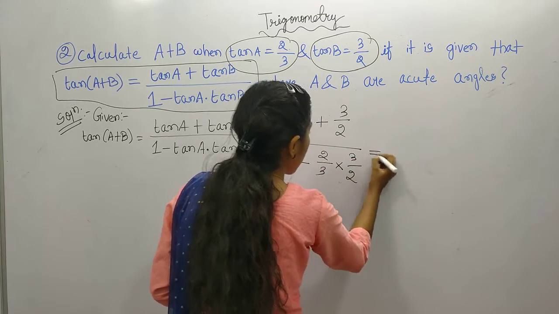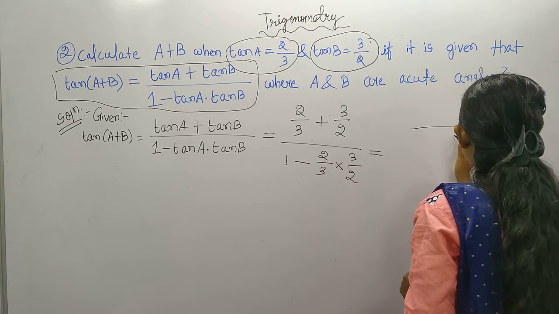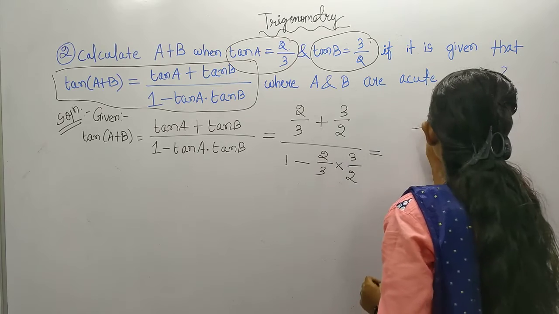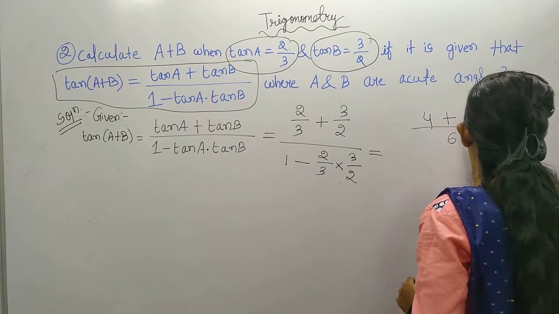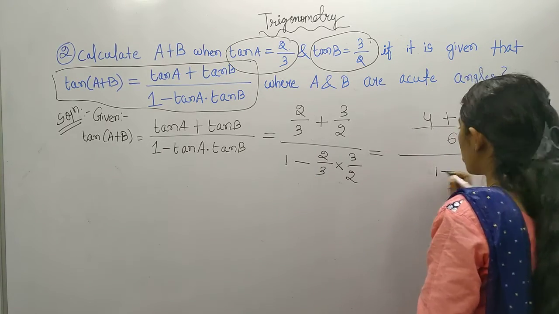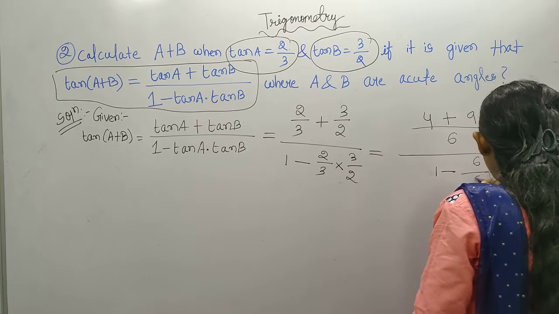So what will happen? Here you see 3, 2. So 3 and 2 LCM is 6. So now 3 twos are 6, 2 into 2 is 4, plus 2 threes are 6, 3 into 3 is 9, divided by 1 minus 2 into 3, 6, divided by 3 into 2, 6.